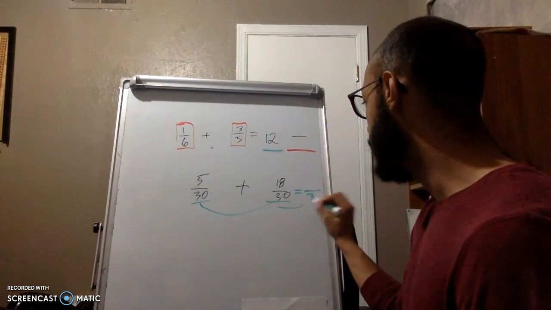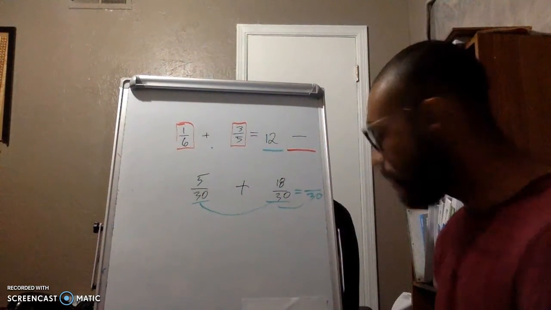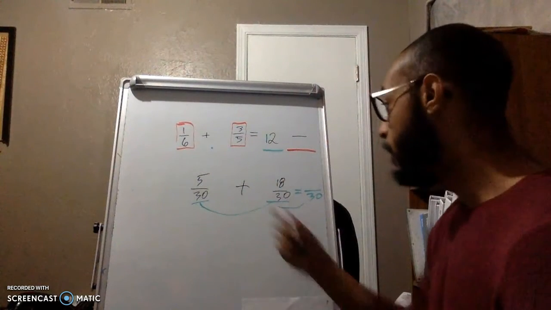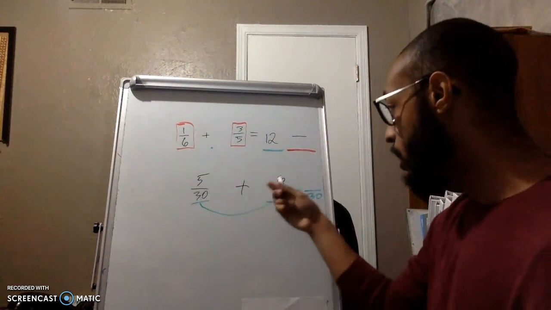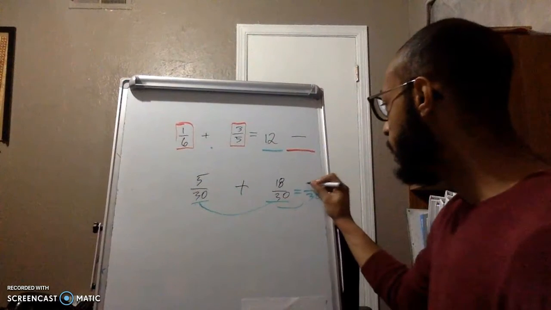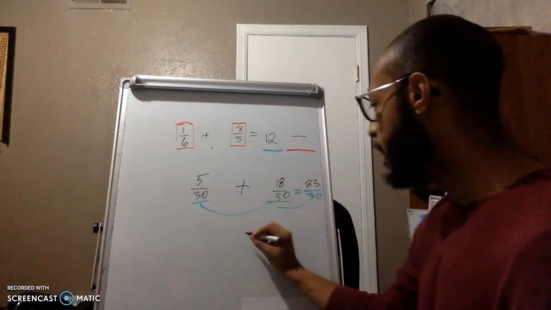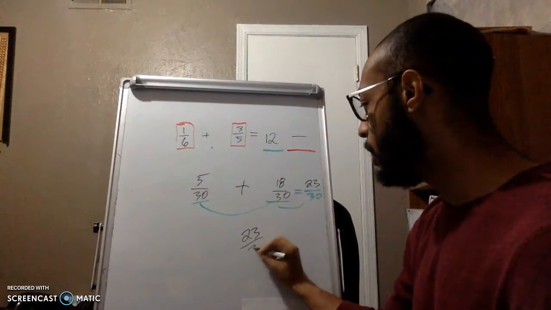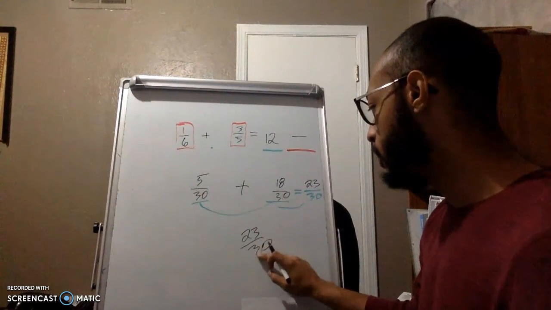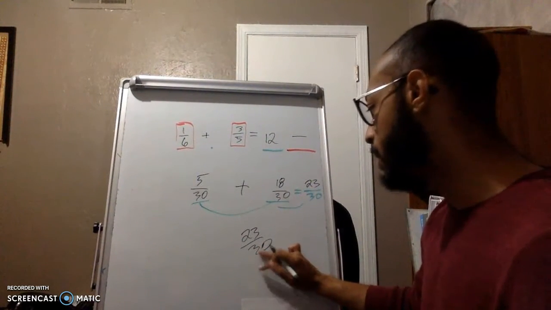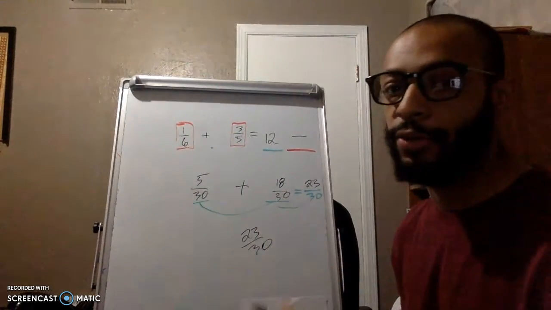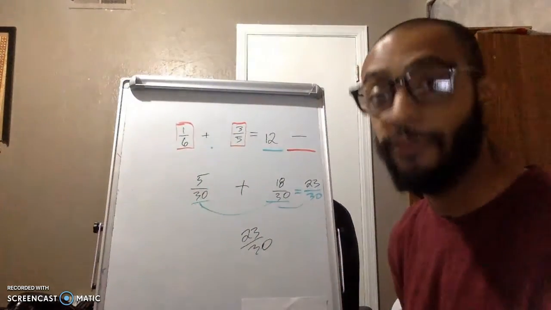It'll be the same number, 30. And we add the numerators, 18 plus 5, I believe is 23. So our answer is 23/30ths. I could go further and try to simplify this, but I know that nothing is going to go into either one of them because I've checked it 4 times.